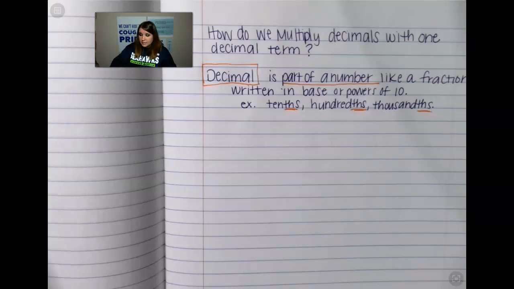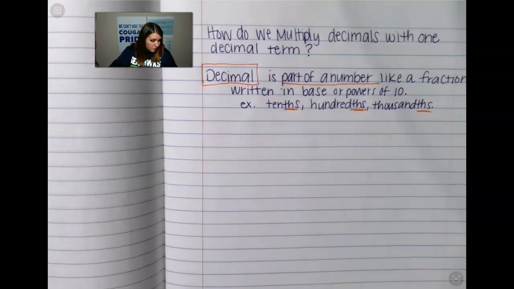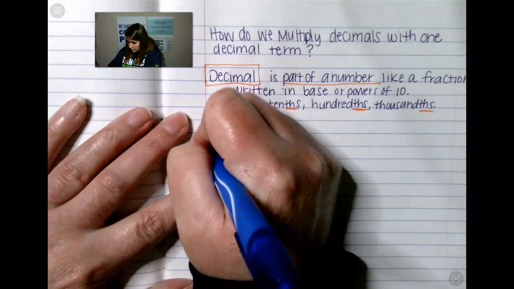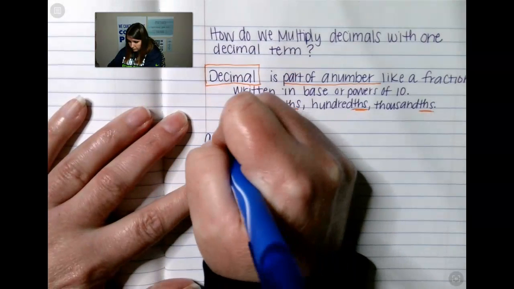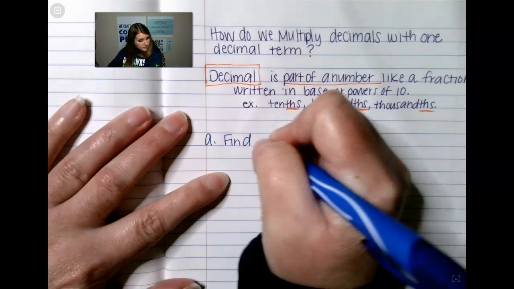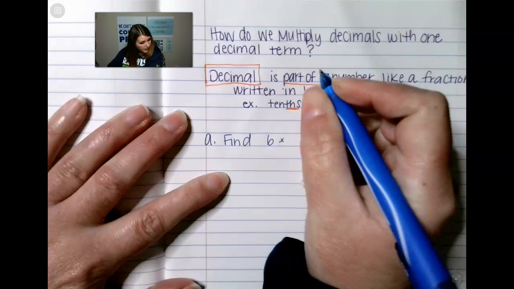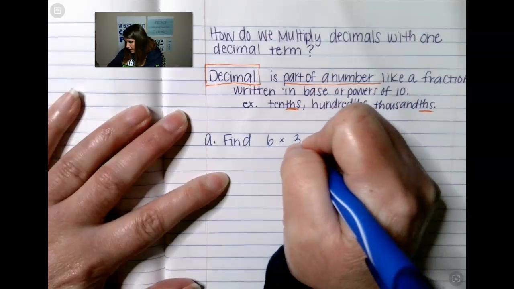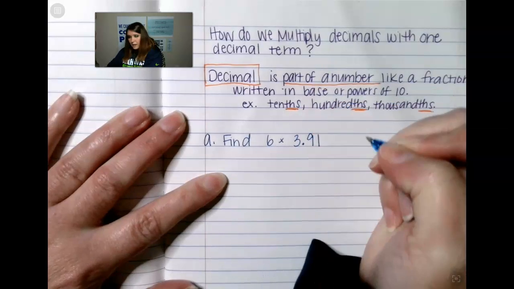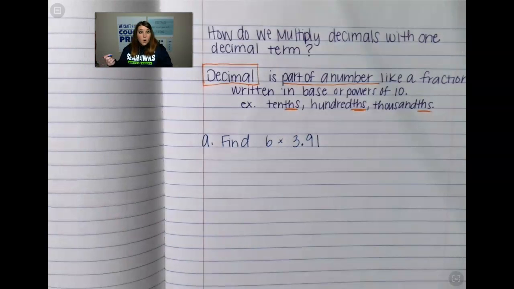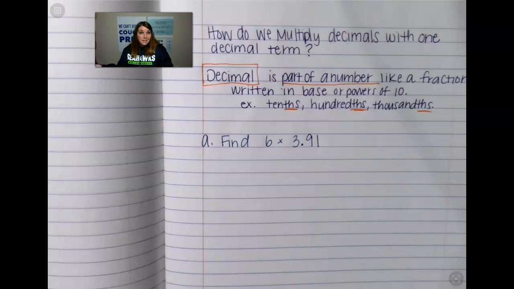Let's look at an example. The example says find 6 times 3 and 91 hundredths, or 6 times $3.91.